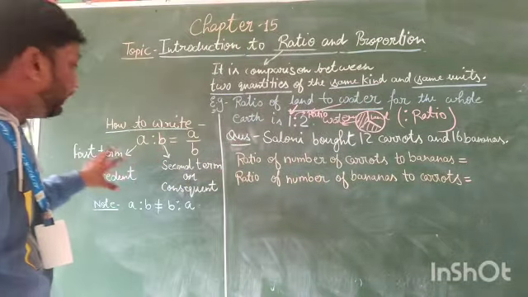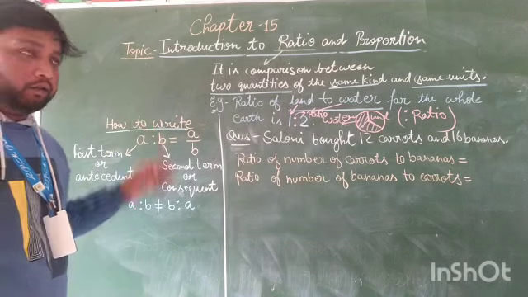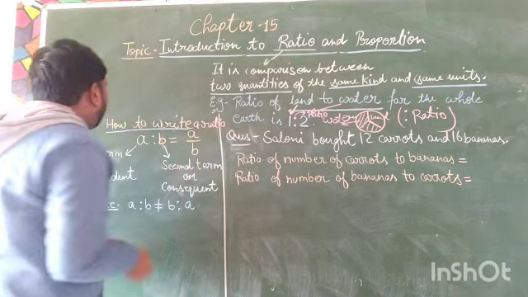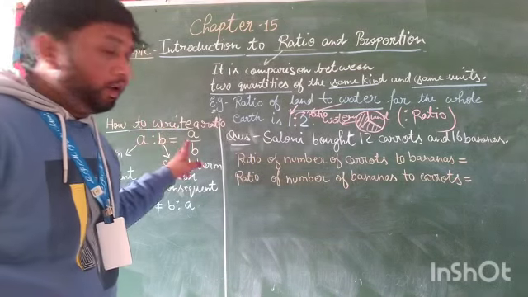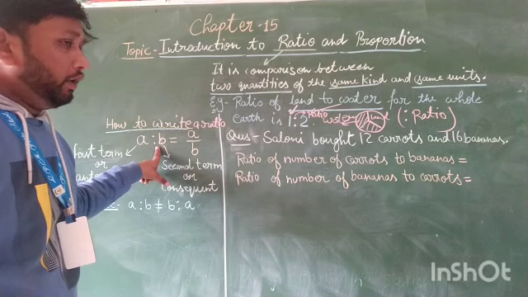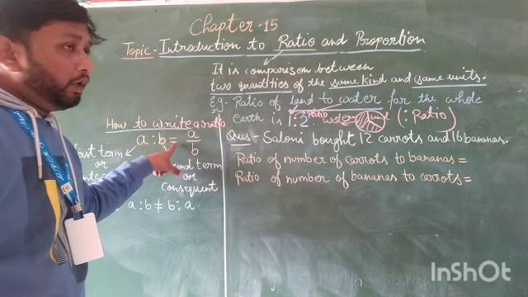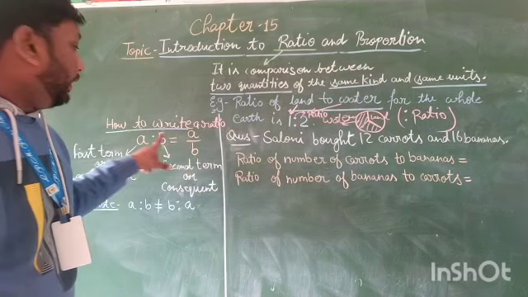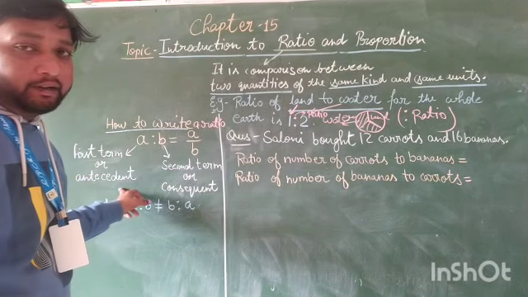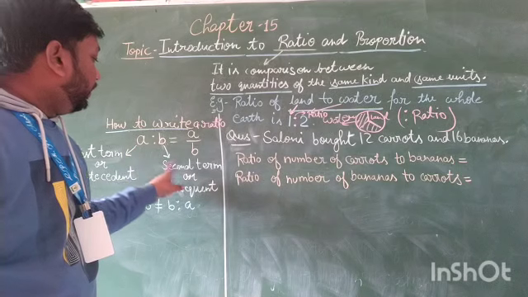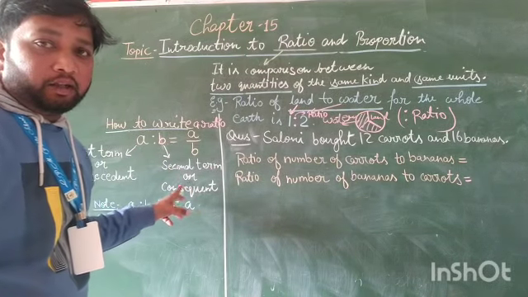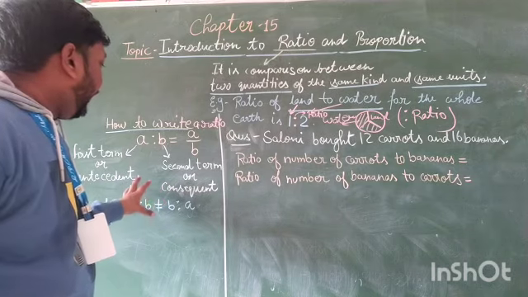Let's see how to write a ratio. Say we have two quantities A and B. Then we write A ratio B is equal to A upon B. The first term A is called the antecedent, and the second term B is called the consequent.